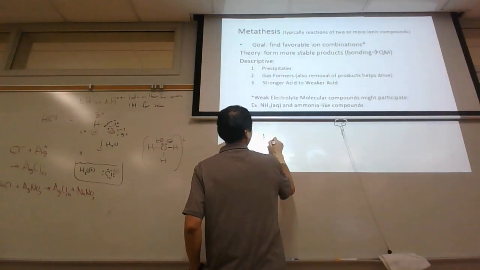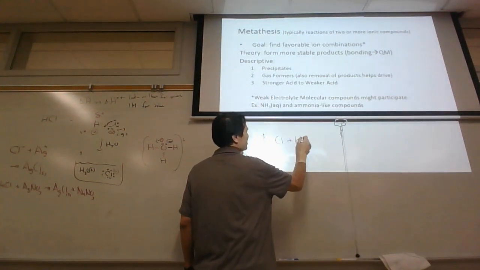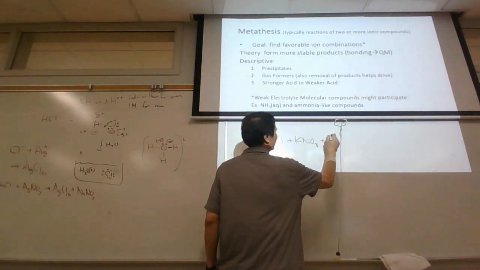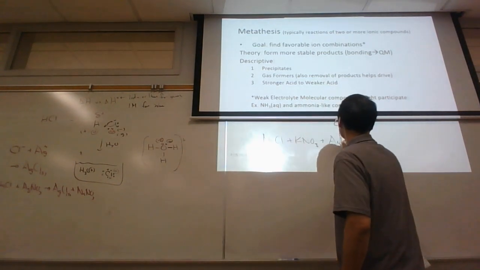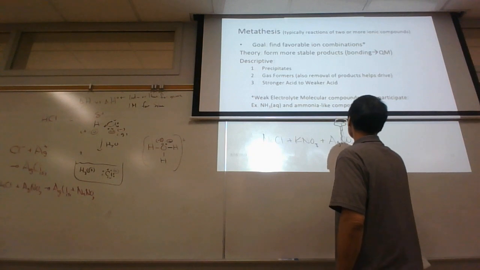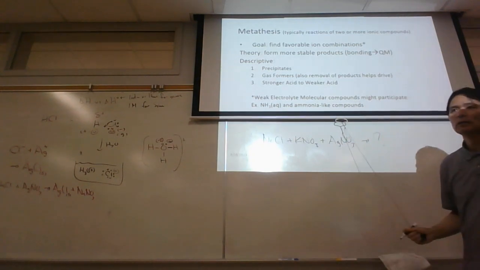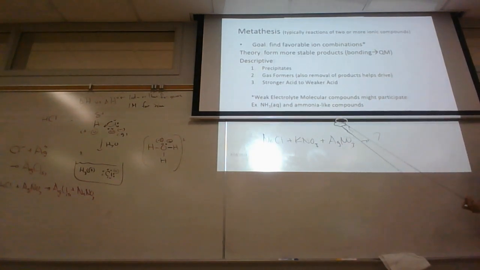I gave something like this: sodium chloride plus potassium nitrate plus silver nitrate yields what? And a lot of people left it blank. They couldn't figure it out because it didn't fit any of their pattern.